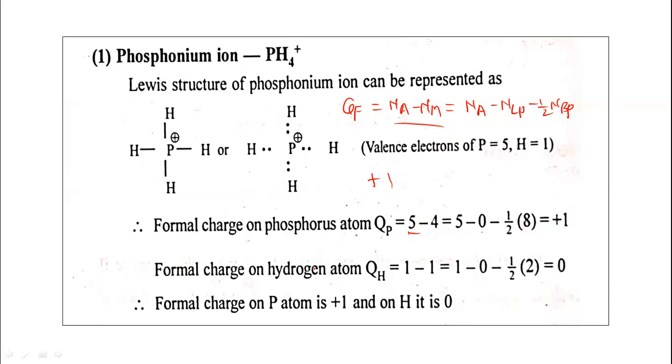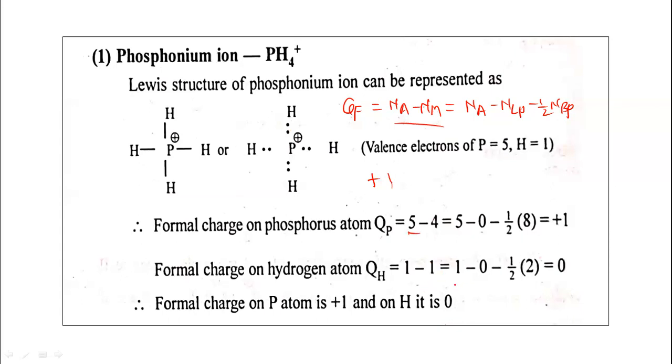Let us calculate now the formal charge on the hydrogen atom. Na, the number of valence electrons of the hydrogen atom, is 1. Nm, the number of electrons of that hydrogen atom in that molecule, is 1 here. So 1 minus 1 is equal to 0.